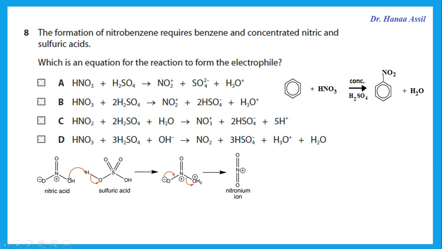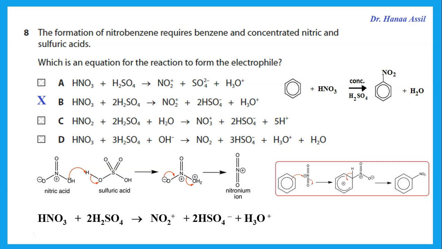And this is because this kind of reaction between the nitric acid and the sulfuric acid happens in order to form the electrophile, which is the nitronium ion or the NO2+. So this is actually the equation to form the nitronium ion, and that is this one.